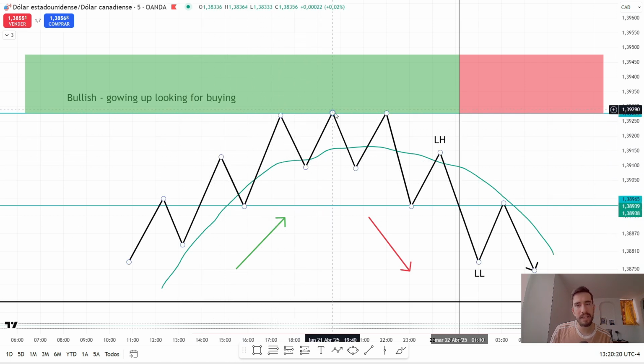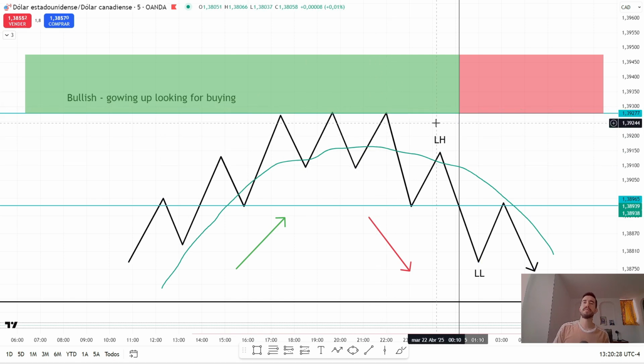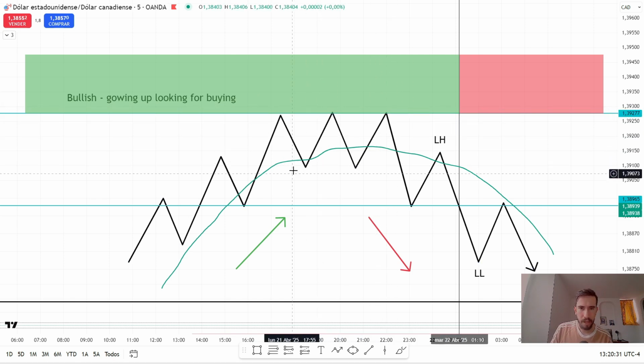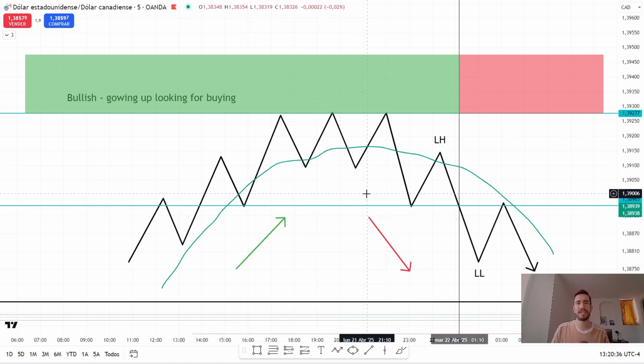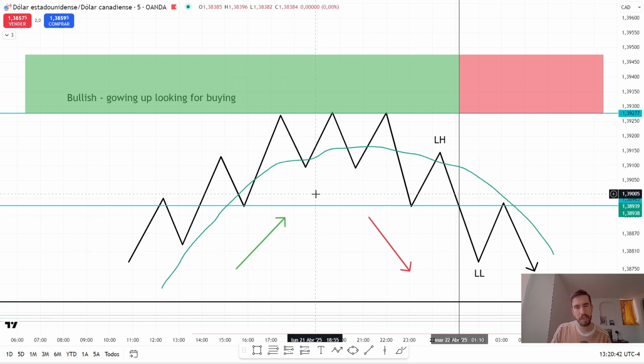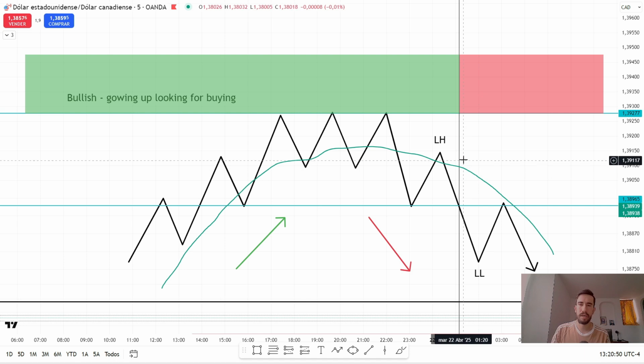In the moment the market doesn't produce any new higher highs, only market structure, it might be getting ready for a change of structure, and you start seeing that the moving average is getting kind of flat. It's not inclined anymore, it's getting flat because it might start going down. Once you identify this kind of event, you might start thinking, okay, this might be an opportunity to change the structure.